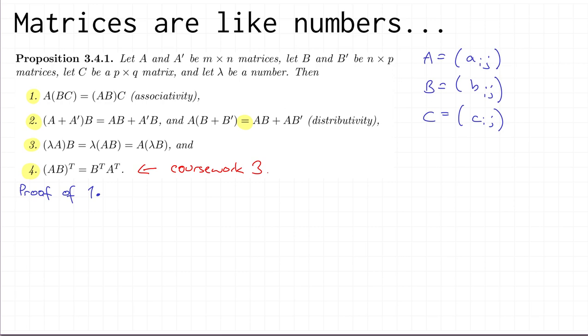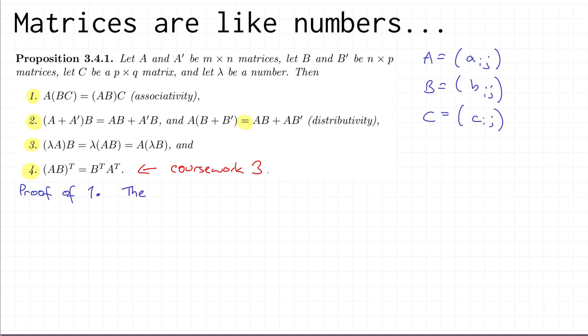So let's start by thinking of the right-hand side. I want to know what is the ij entry, for a given i and j, of the matrix product A(BC). So to work that out, I'm going to need to know what the ij entry of AB looks like. So let's write that down because we can just write down the usual formula for matrix multiplication.